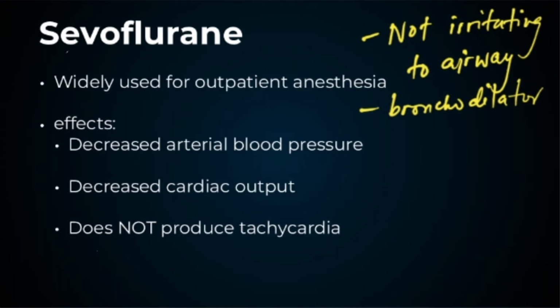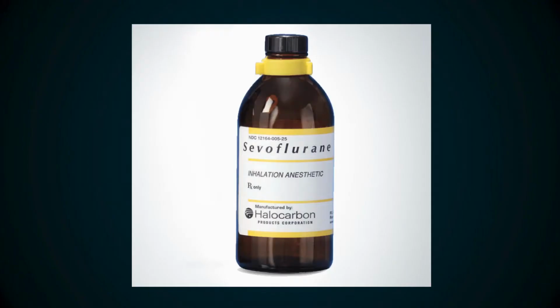However, it does not produce tachycardia, so that's why it may be the preferable agent in patients who are prone to myocardial ischemia. This is your sevoflurane. It is also in liquid form and given to the patient through inhalation.